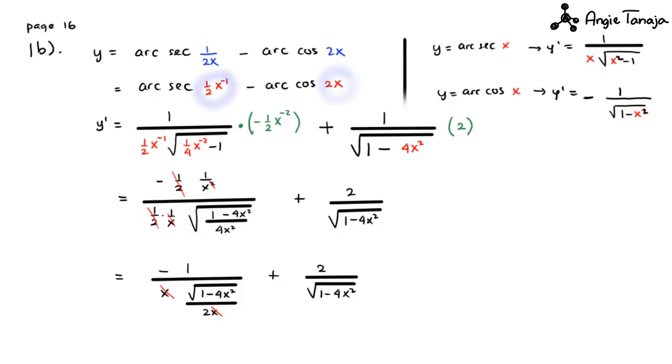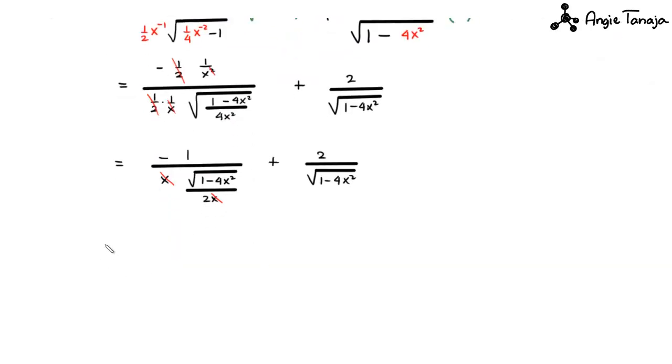And I don't like this result. This will be negative 2 over roots 1 minus 4x squared plus 2 over roots 1 minus 4x squared. That is 0.